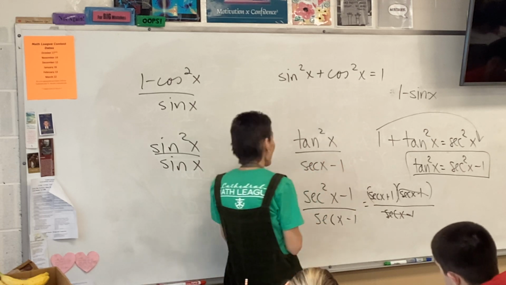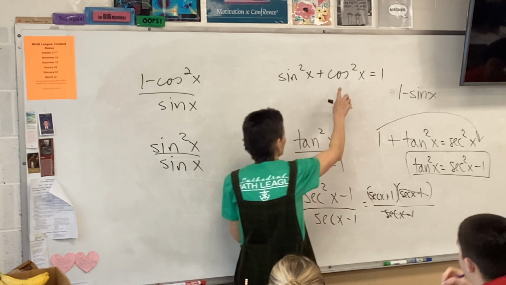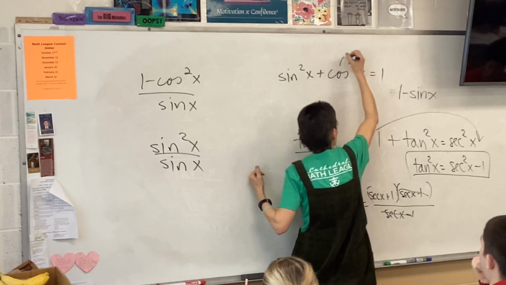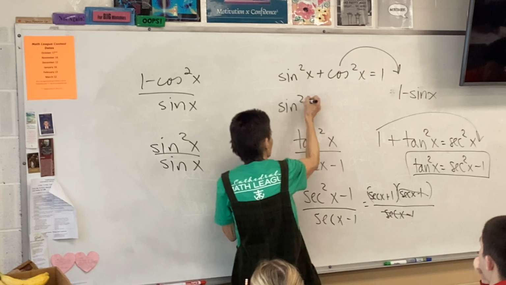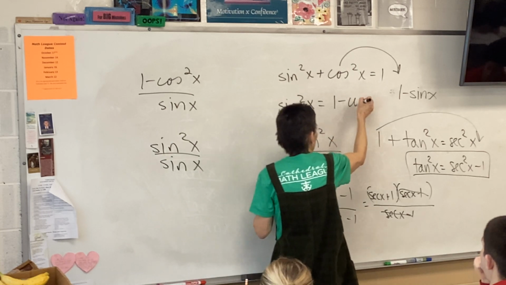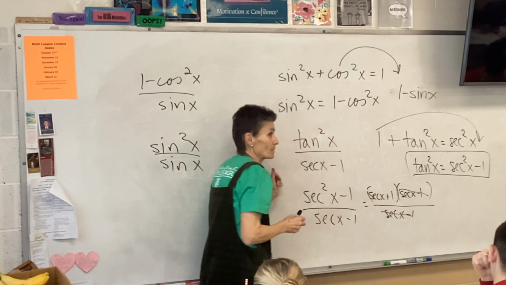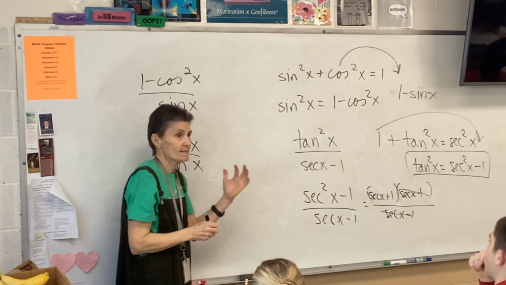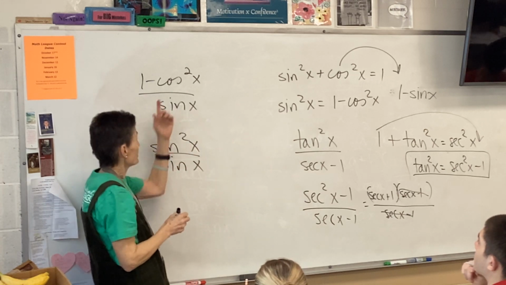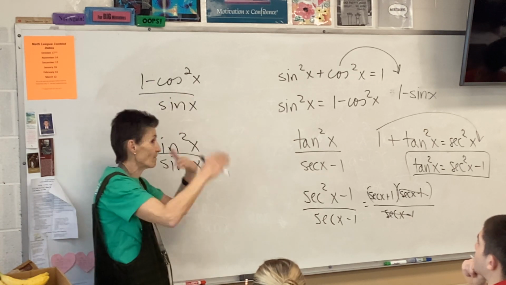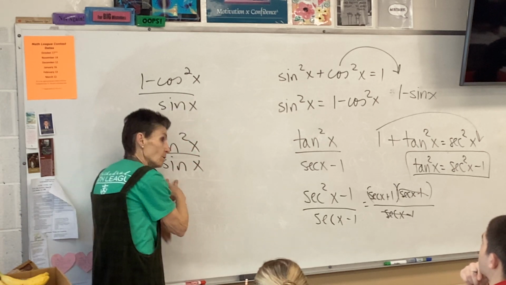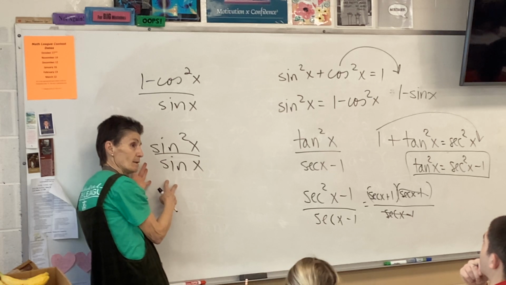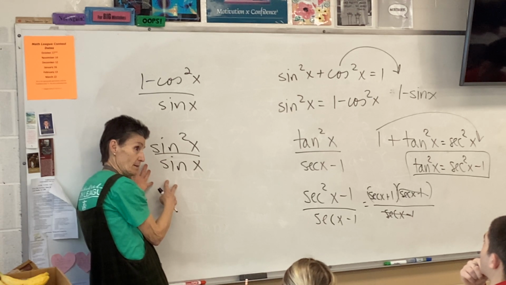If I move the cosine squared to the other side, then I'll have sine squared equals 1 minus cosine squared. So every time I see a sine squared, I can change it into 1 minus cosine squared and vice versa. Now, why was that a good idea? Because now I can cancel.